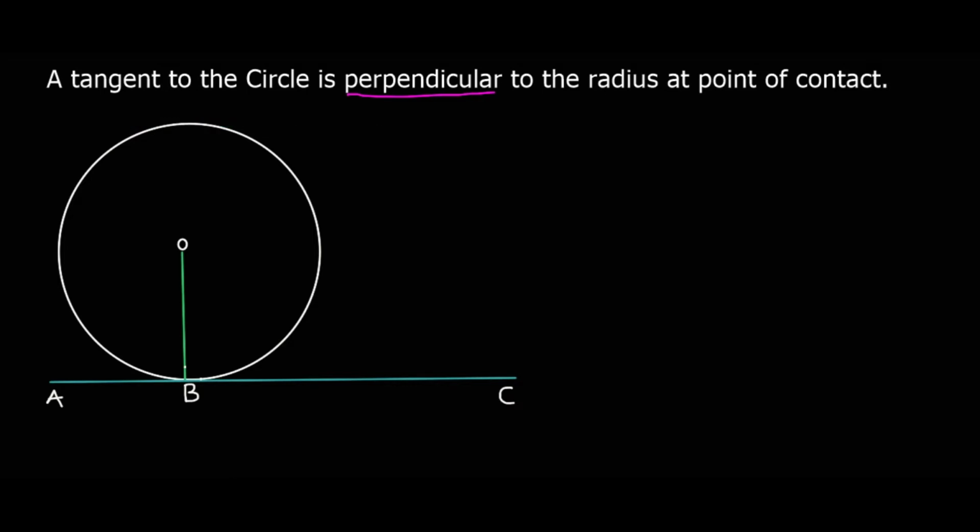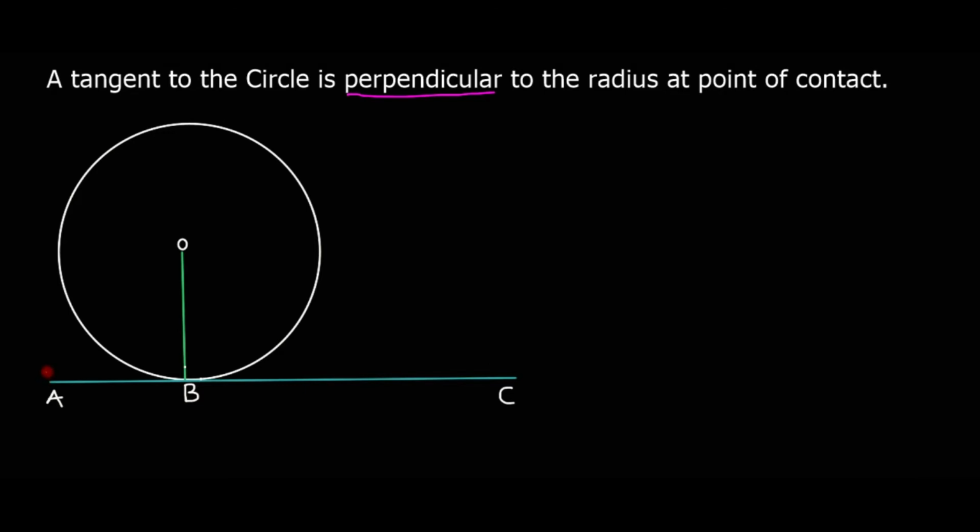And a radius is any line from the center to the circumference of the circle. Based on this theorem, a tangent in this way.